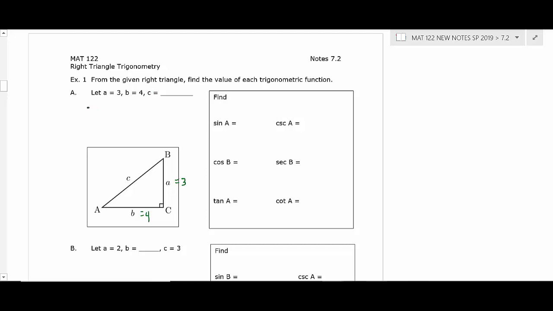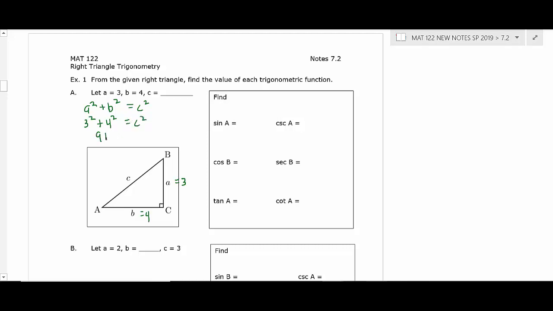So the Pythagorean Theorem, students always learn this at some point in middle school. The Pythagorean Theorem is how the sides relate in any right triangle. It's just the square of the hypotenuse is the sum of the squares of the two legs. So I'm going to replace A with 3, so I'll have 3 squared plus 4 squared equals C squared.